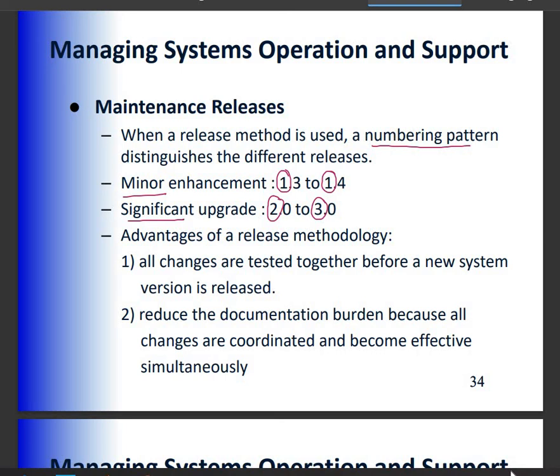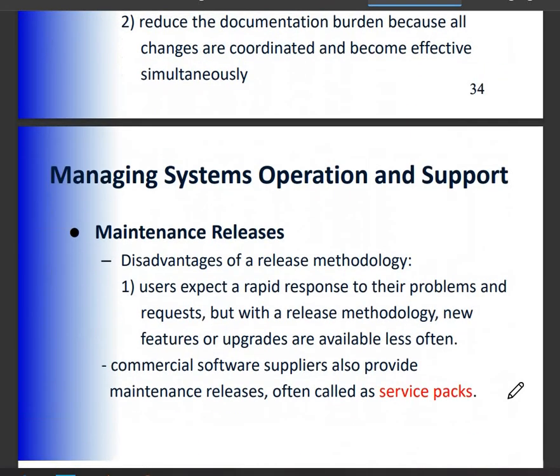Bermaksud the advantage ialah all changes are tested together before a new system version is released dan dia akan reduce the documentation burden because all changes are coordinated and become effective secara simultaneously.